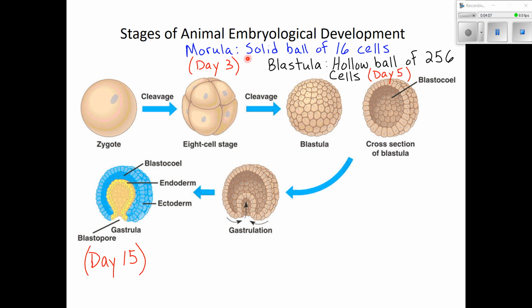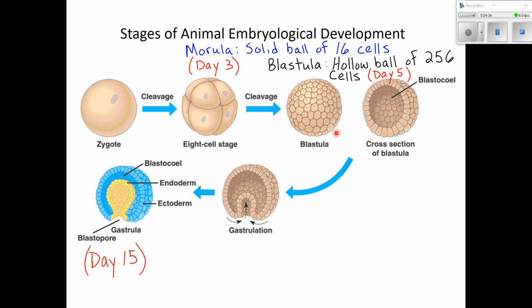So the morula is the solid ball of cells right around the 16-cell stage, and it continues to be a solid ball of cells until it gets up to about the 256 cell stage. So again, we're just doubling, right? So 16 becomes 32 cells, which becomes 64 cells, which becomes 128, which then doubles to become 256.